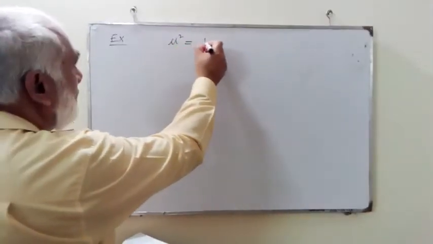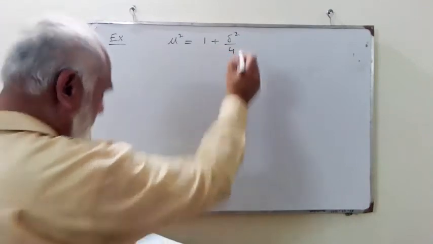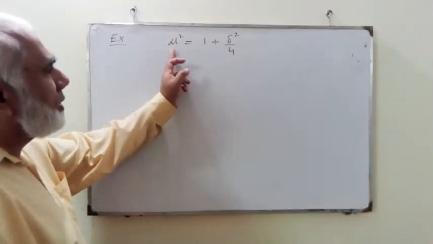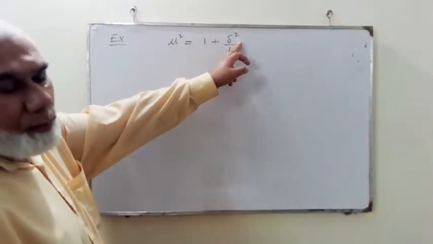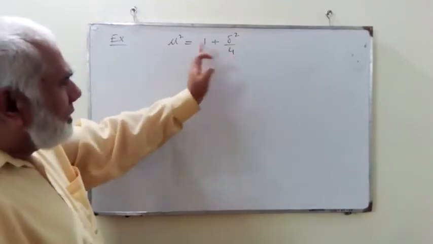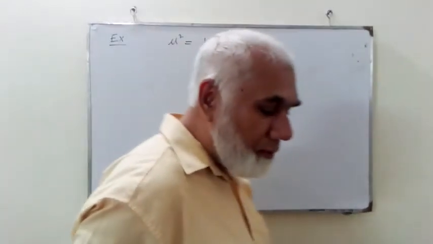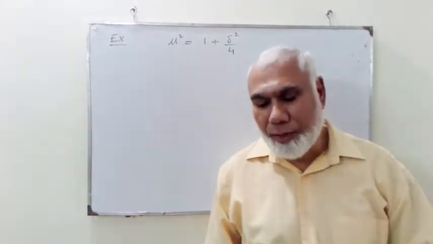The identity is, you have to verify the result, which is mu square is equal to 1 plus delta square by 4. You can see here we have written down the relation of the average operator to the central difference operator. And there are other things linked in between to create the relation between these two operators.